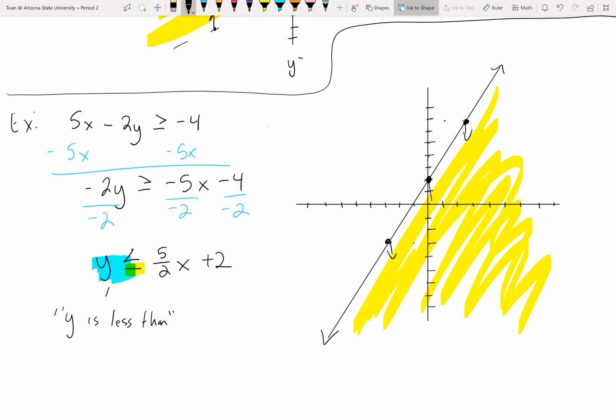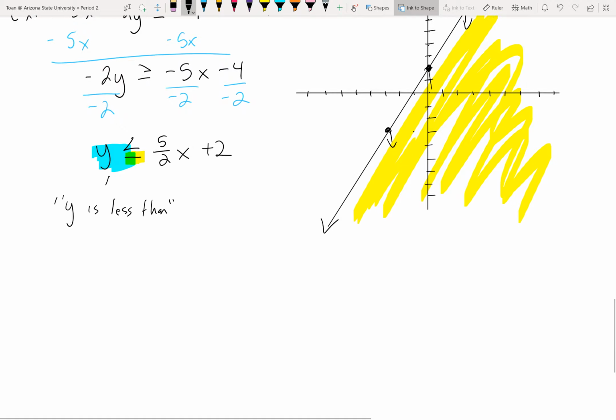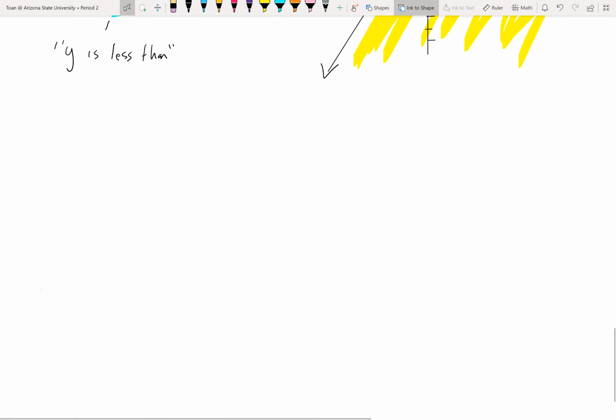So knowing how to shade is just a matter of being able to read the math symbols. Okie dokie?